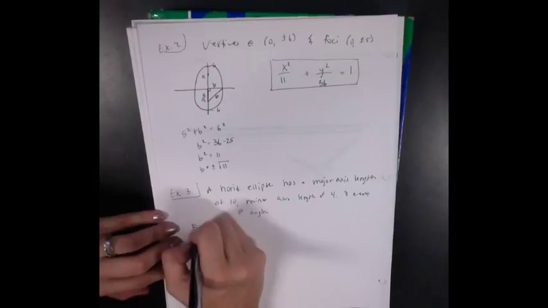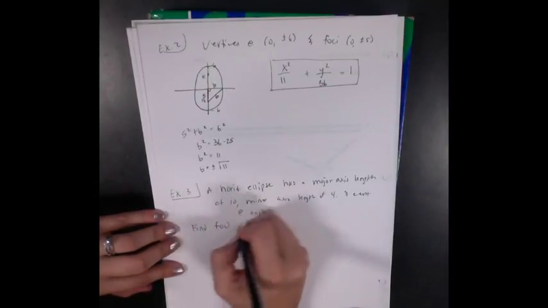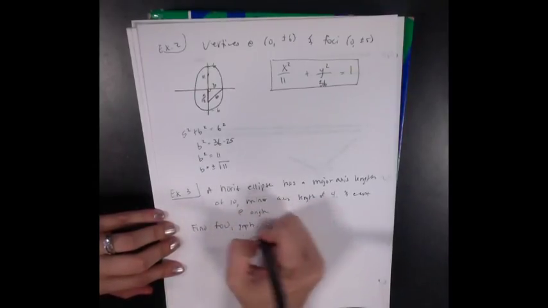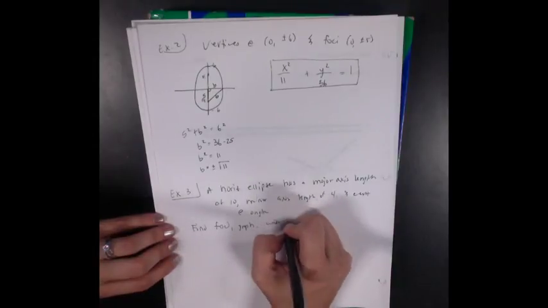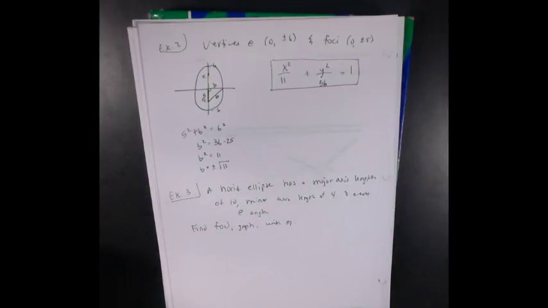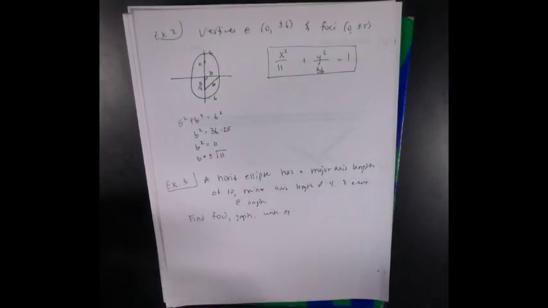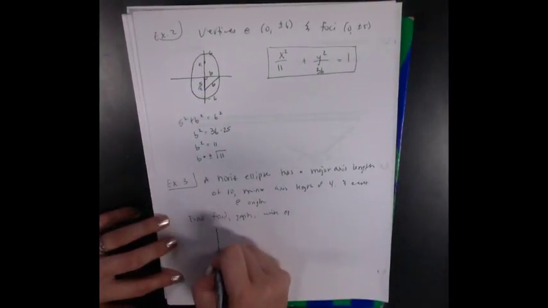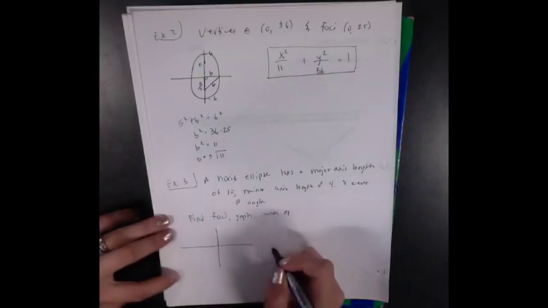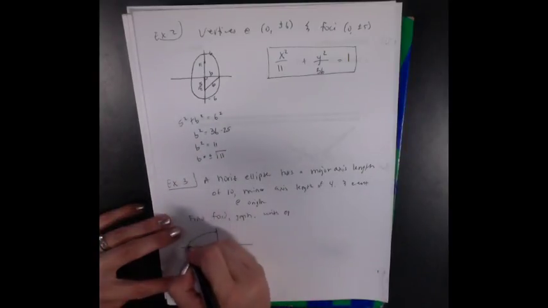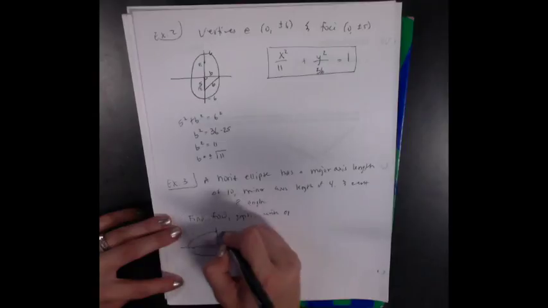Find foci, graph the ellipse, and write the equation. So as always, we begin with a diagram. We know it's a horizontal ellipse, so I'm just going to go ahead and draw it.